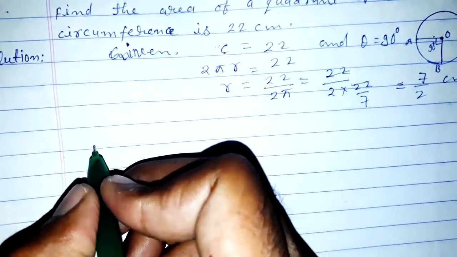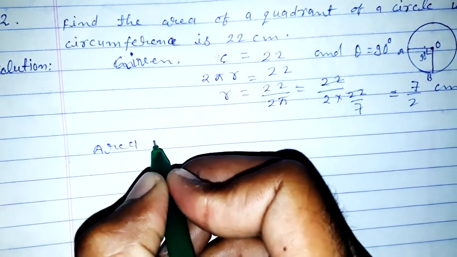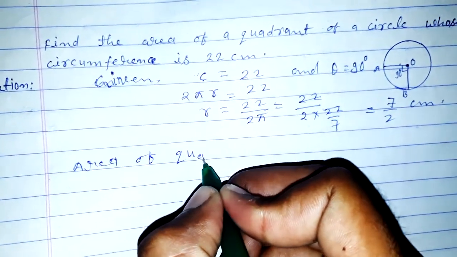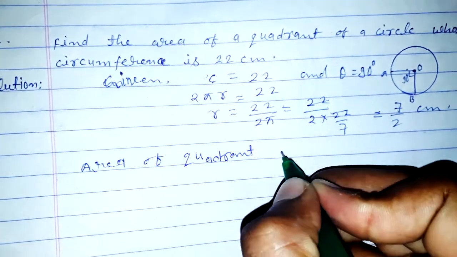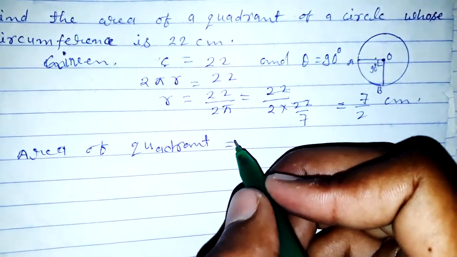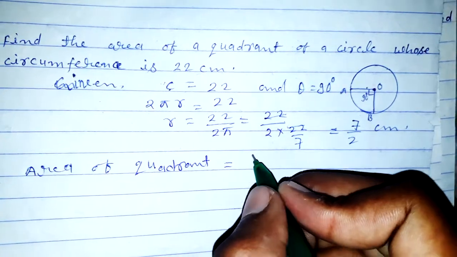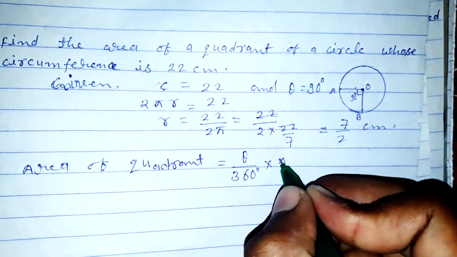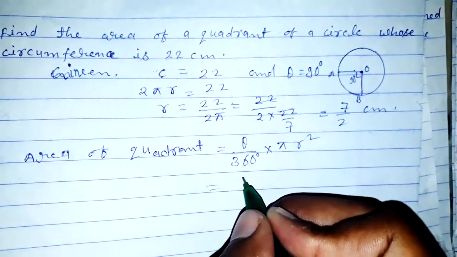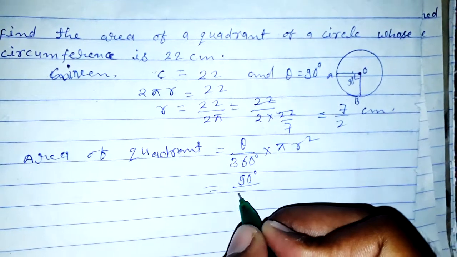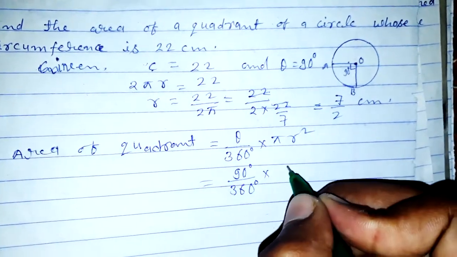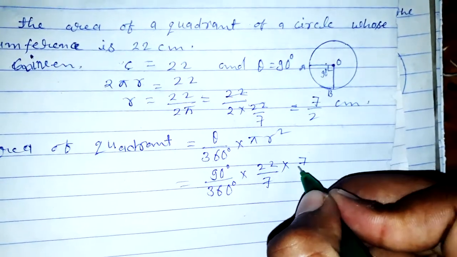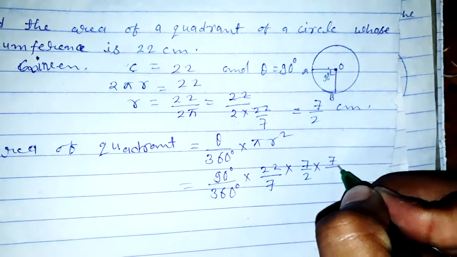So area of quadrant is equal to, also use the area of sector formula, theta upon 360 degree into pi r square. Theta is 90 degree upon 360 degree into pi is 22 upon 7 into radius is 7 upon 2 into 7 upon 2.